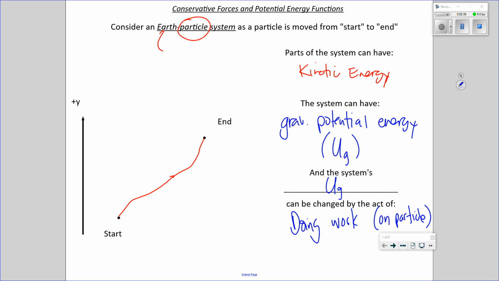Okay, so if we're going to move this object from here to here in the y direction, the amount of work that we would say is F times delta x, and by times I mean dot product of, and by delta x I mean change in position. So how about delta r? I like that better.